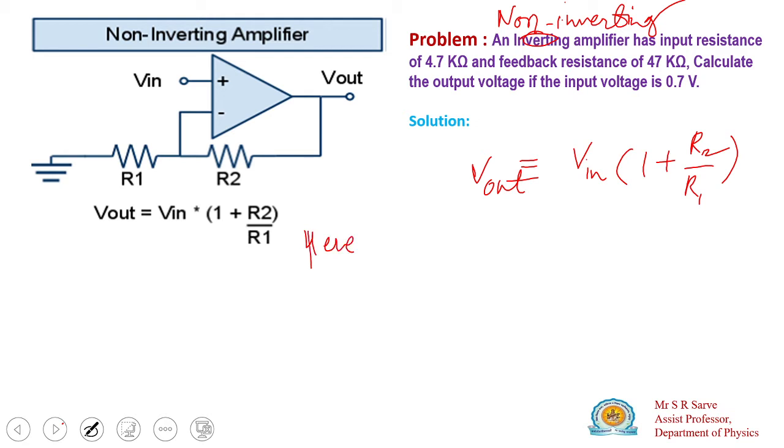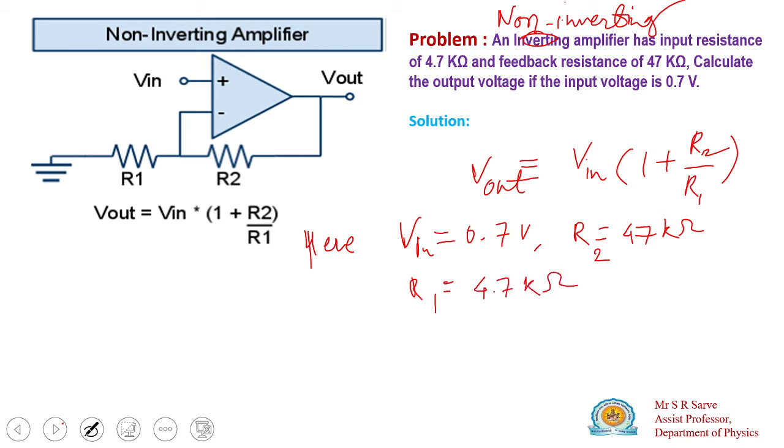The input voltage is 0.7 volt, the feedback resistance R2 is 47 kilo ohm, and the input resistance R1 is 4.7 kilo ohm.